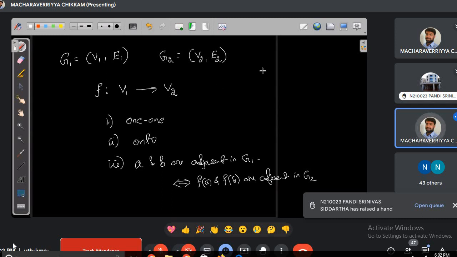Then we say that these two graphs G1 and G2 are isomorphic.